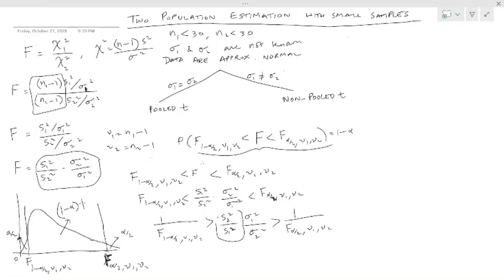To remove this from the center, we need to work with the multiplicative inverse of this, and we multiply the entire inequality by the reciprocal of this factor, and this is how we get this to be mentioned on the left hand side in this way, and we will be left with only the ratio of population variances right there in the center.